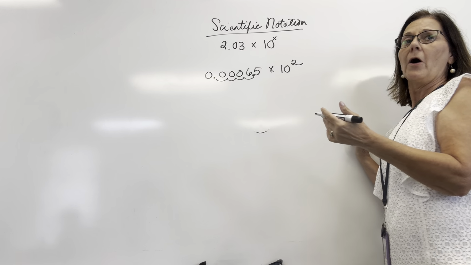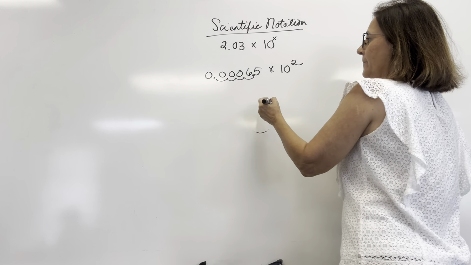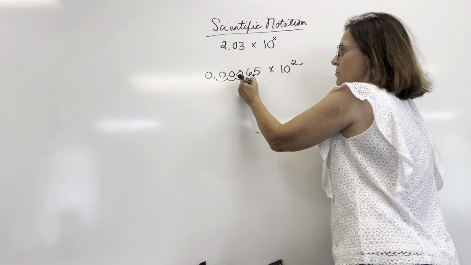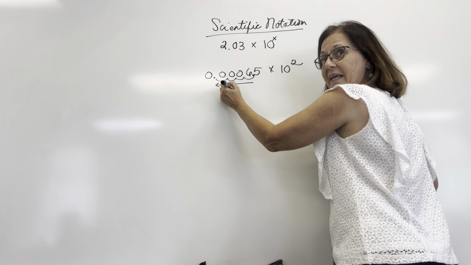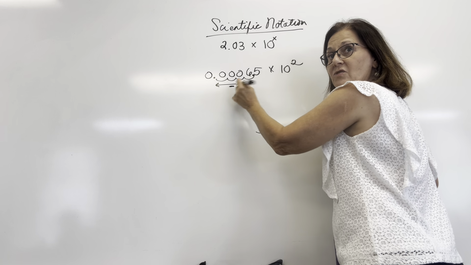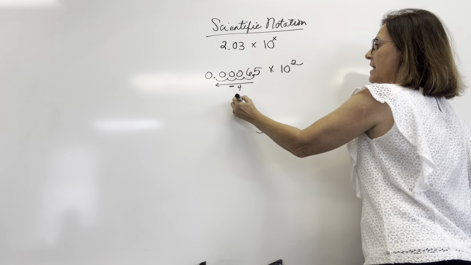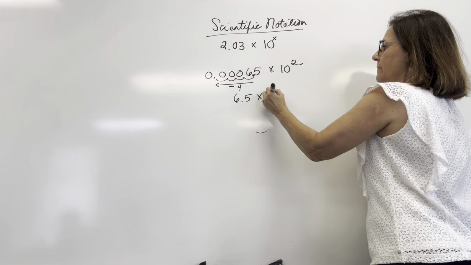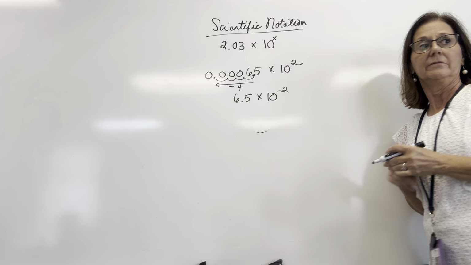And is it going to be a positive or a negative? Negative, because when I move it back on the number line, that's negative. So it becomes 6.5 times 10, and I add negative 4 and 2, which is negative 2.